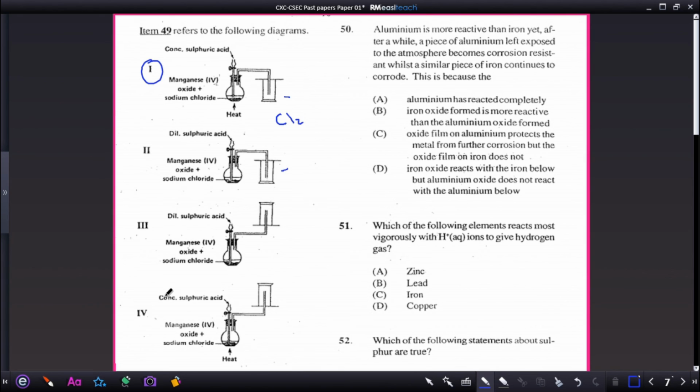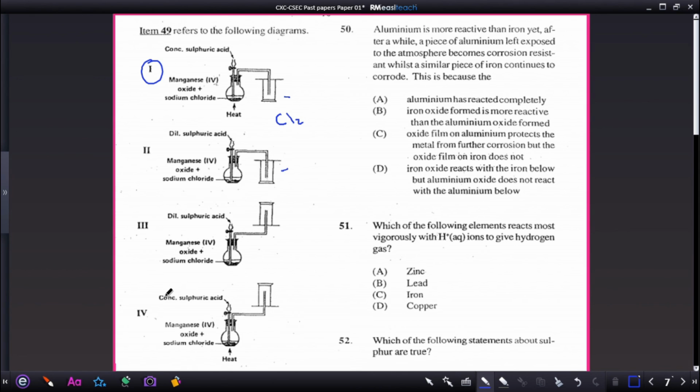Question 50. Aluminum is more reactive than iron. Yet, after a while, a piece of aluminum left exposed to the atmosphere becomes corrosion resistant, whilst a similar piece of iron continues to corrode. This is because A, aluminum has reacted completely. B, iron oxide formed is more reactive than the aluminum oxide formed.